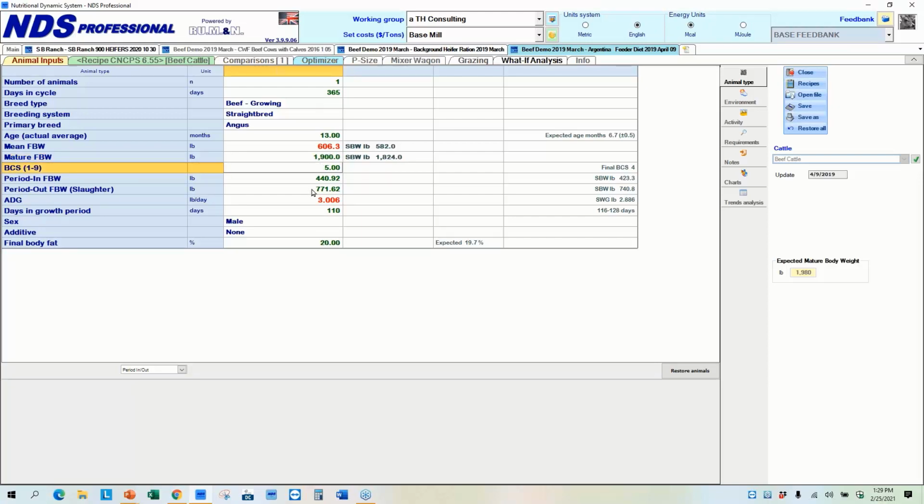But the key for this input is the period in, period out. We are worried about this period right here in this growth stage of the animal going at 110 days. Again, this was Argentina. We were feeding out intact males.